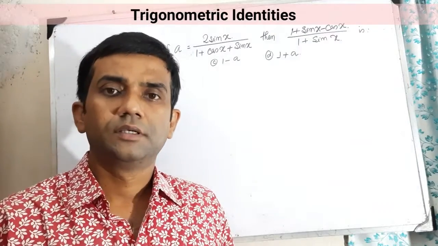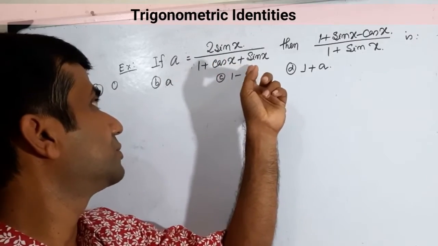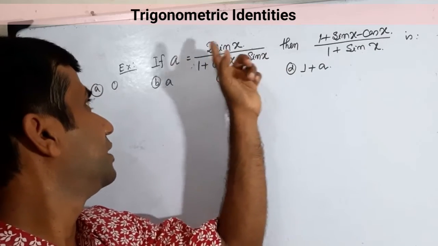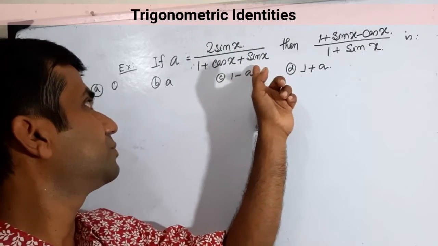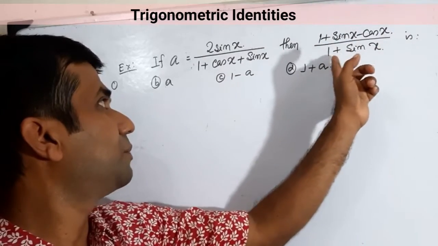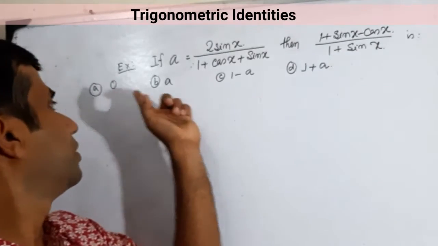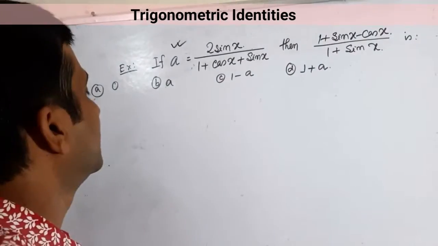The next problem is: if a is equal to 2 sin x by 1 plus cos x plus sin x, then (1 plus sin x minus cos x) by (1 plus sin x) is a) 1 minus a, b) 0, c) 1 minus a, d) 1 plus a.